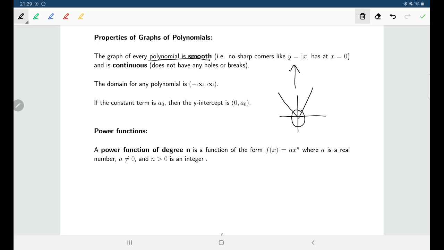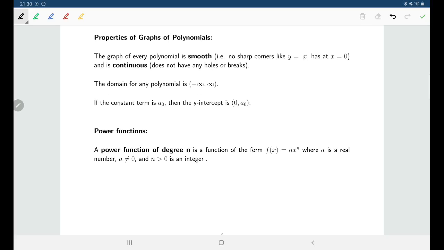We never see anything like that with a polynomial, just nice smooth curves that go up and then down and then up and down. The other thing that's true about polynomials is that they are continuous. In other words, there are no breaks, no holes, no skips, and no jumps. That also means that polynomials are defined for all real numbers. The domain is always from far left to far right.